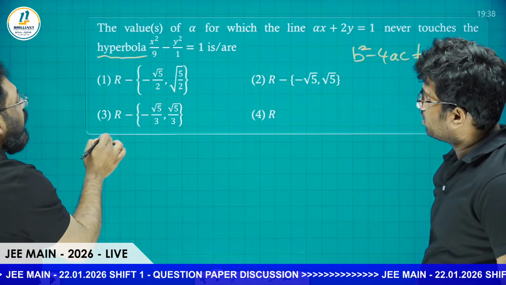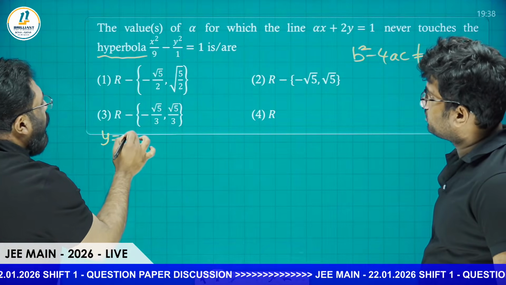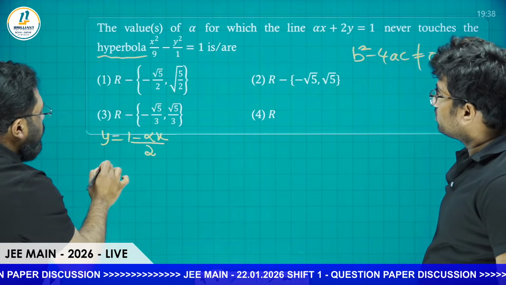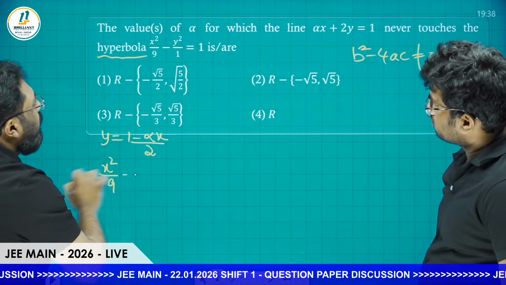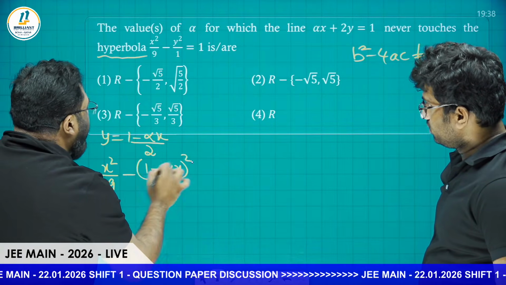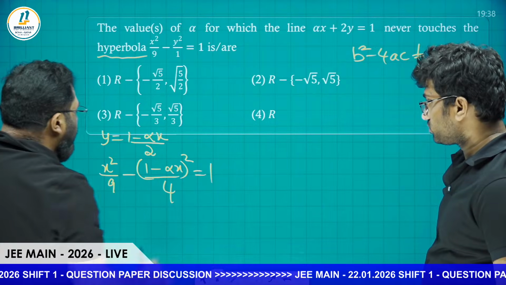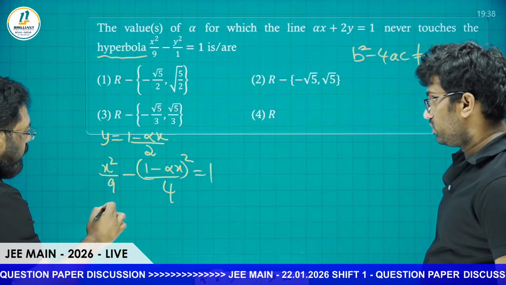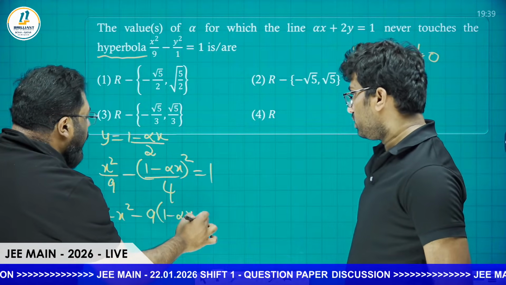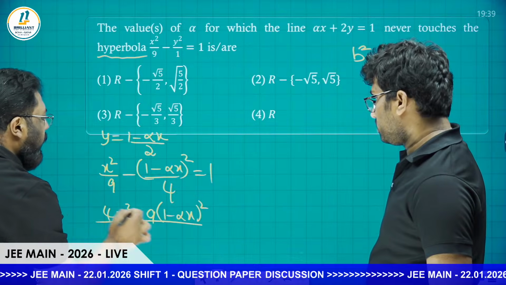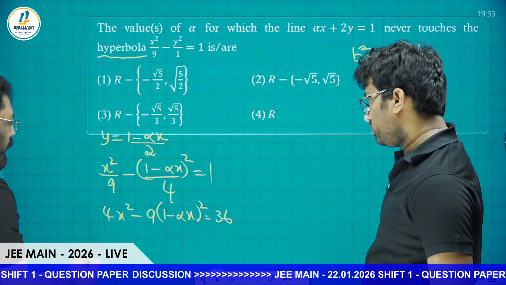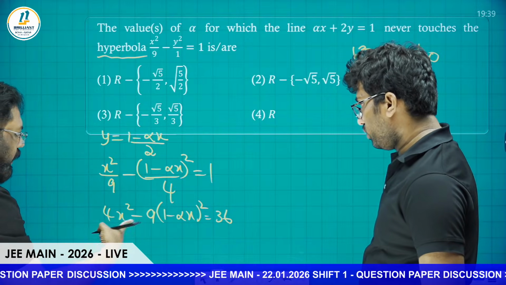Let's say here y is equal to (1 minus alpha x) divided by 2. Substitute that over here. So you get x squared by 9 minus y squared, which is (1 minus alpha x) the whole squared divided by 4, equal to 1. You can cross multiply with the LCM. So 4x squared minus 9 into (1 minus alpha x) the whole squared, divided by 36, equal to 1, so it's equal to 36. Just open the equation and you will get a quadratic equation.